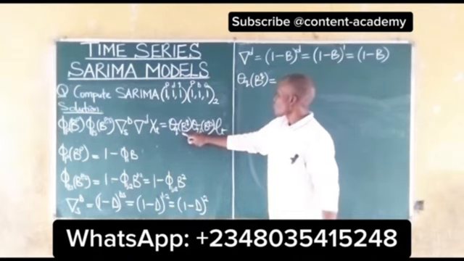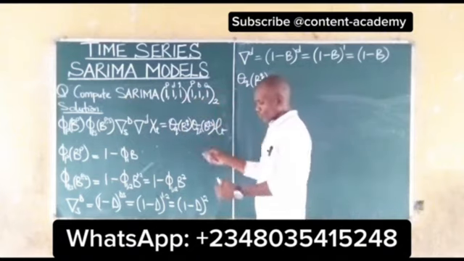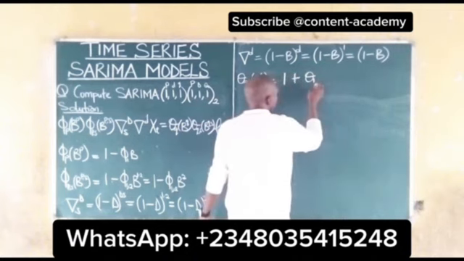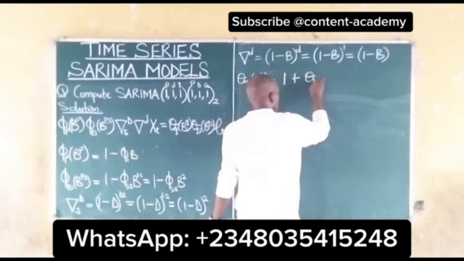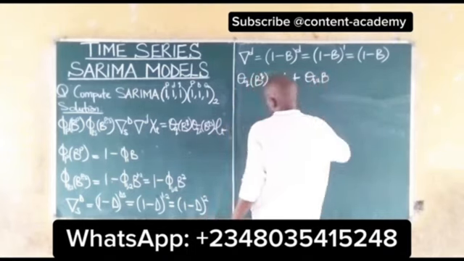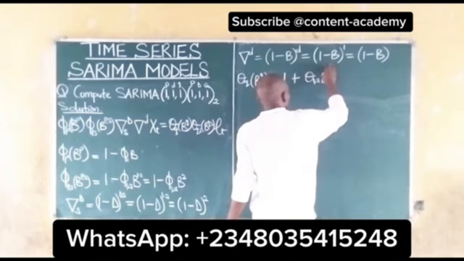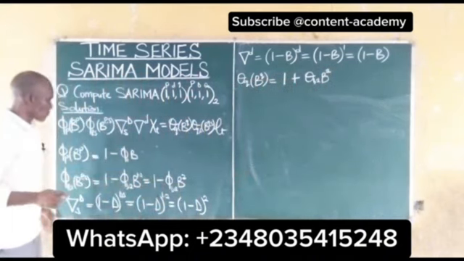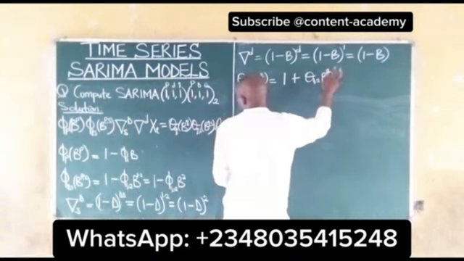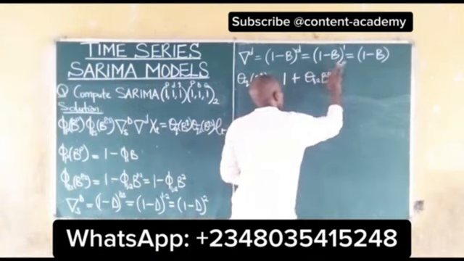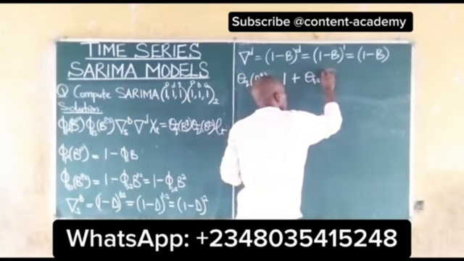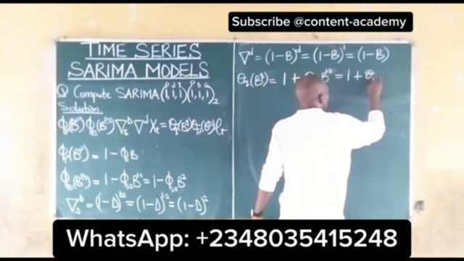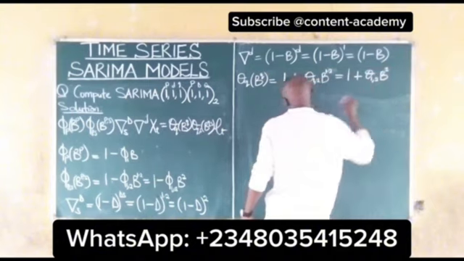So it will now be 1 plus Theta_{1,S}, that means Theta_{1,2}, then B raised to the power of 1 multiplied by 2. So we can write it to be 1 plus Theta_{1,2} B raised to the power of 2.